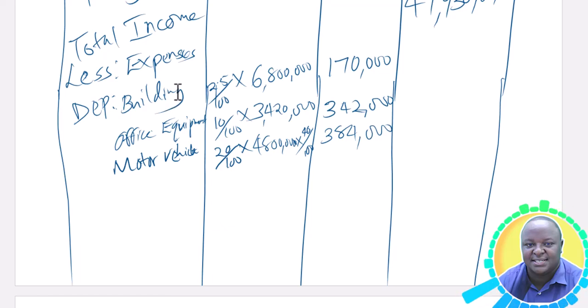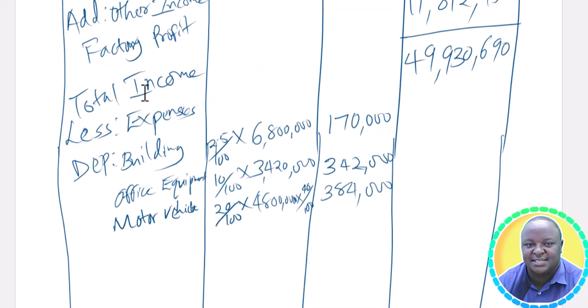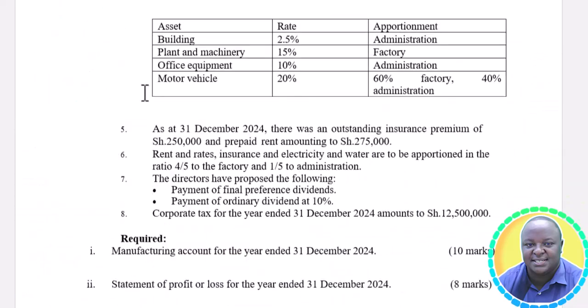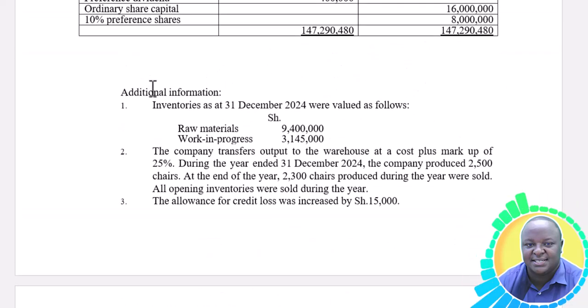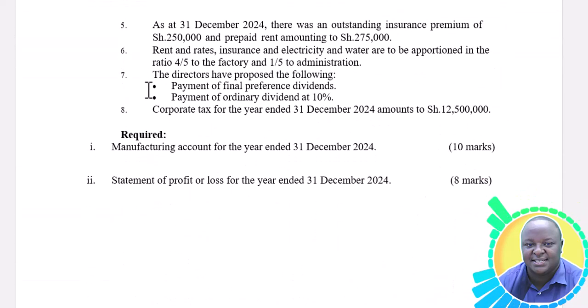Of course, from the additional information we have been given, we have been told that rent, rates, insurance, and electricity and water are to be apportioned in the ratio 4/5 to the factory and 1/5 to administration.